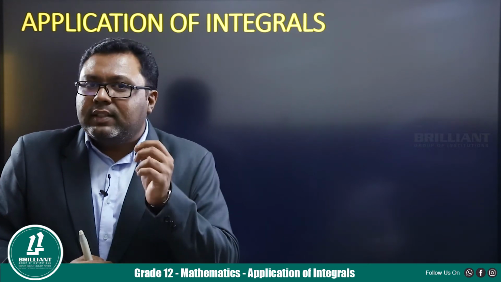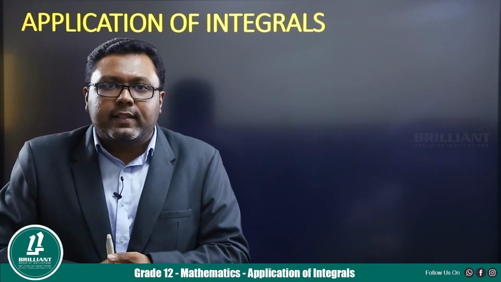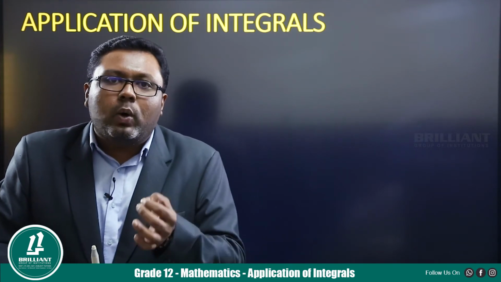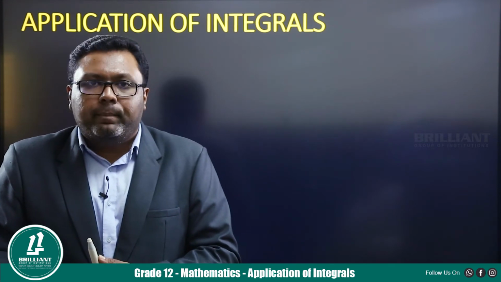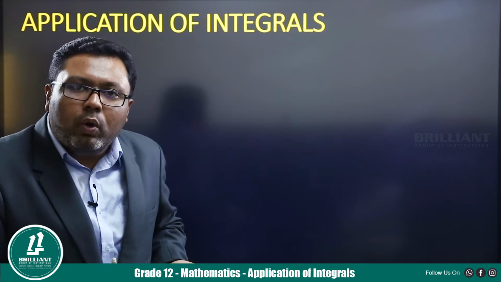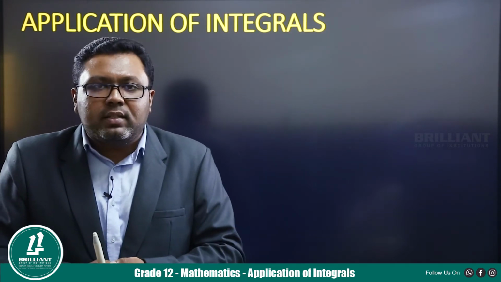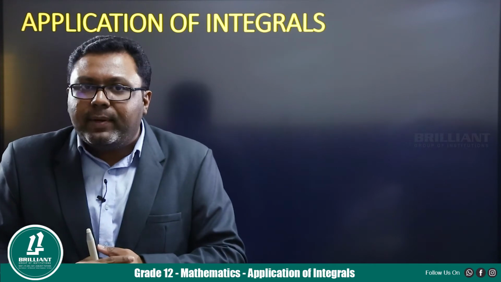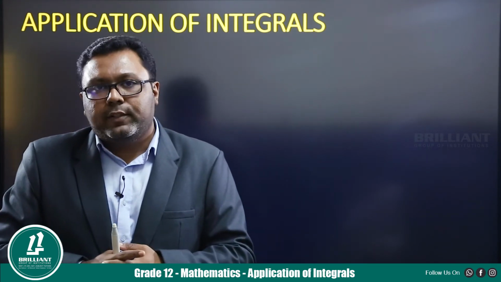Okay, but sometimes there is a problem over here. When the area is below the x-axis, when you take the algebraic sum, you will not get the actual area. Okay, because the area below the x-axis, as you have seen before, is going to be negative. So the algebraic sum does not actually represent the area bounded by these curves.